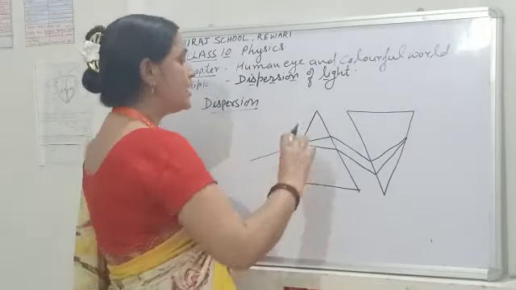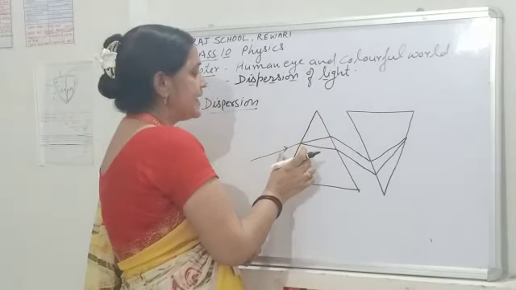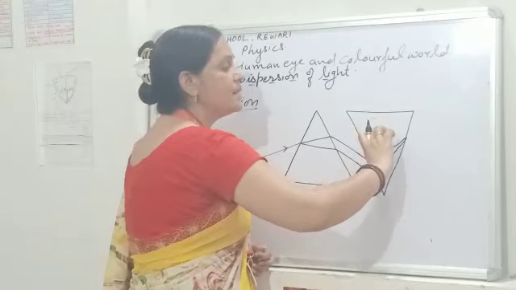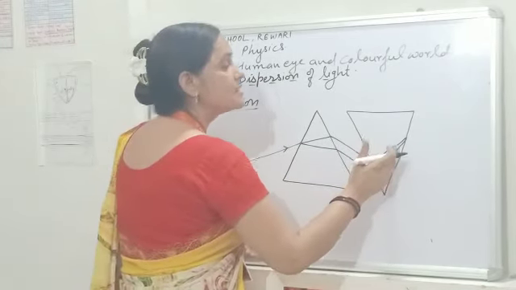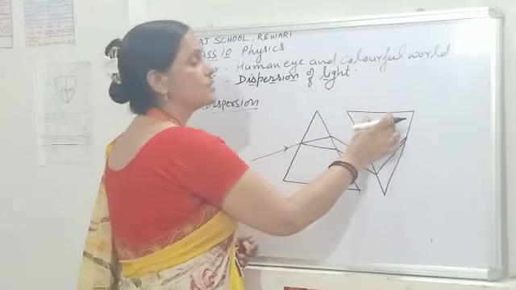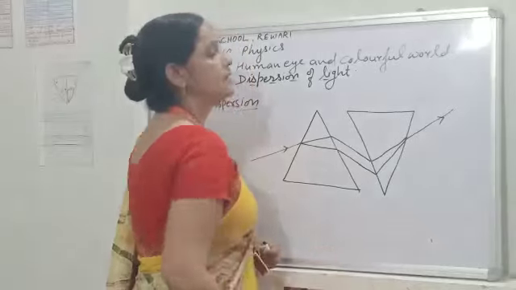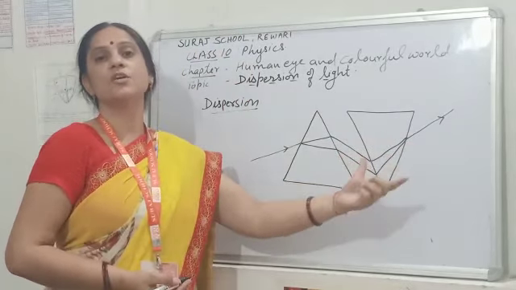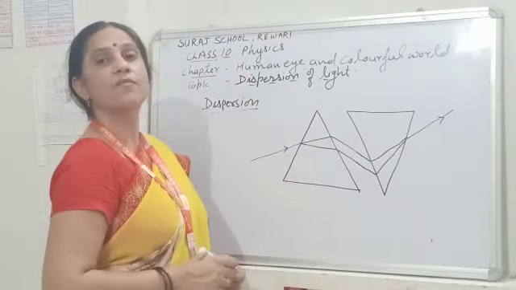So when the prism is in upright position, light bends towards the base, in the downward direction. And when the prism is in inverted position, light bends upward towards the base, and we get back the white light again. It is known as the recombination of white light, recombination of the 7 colors of white light.